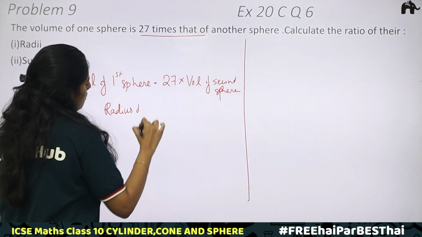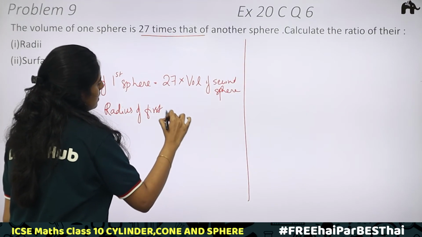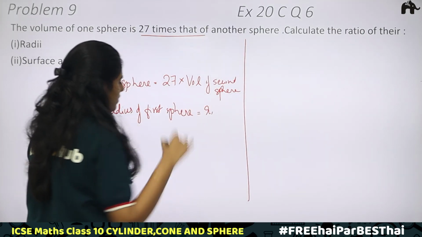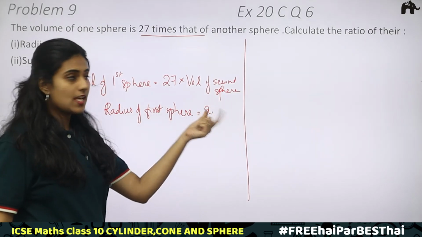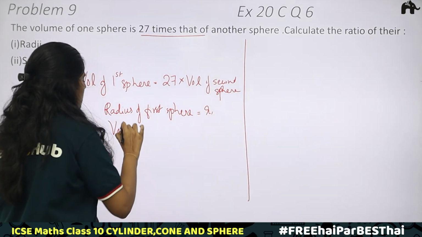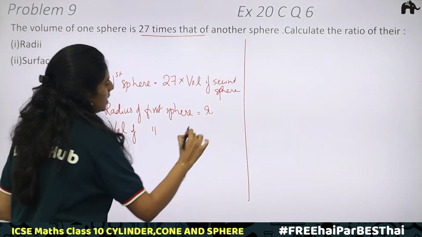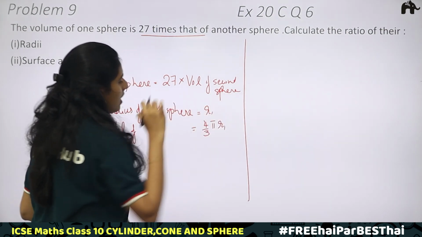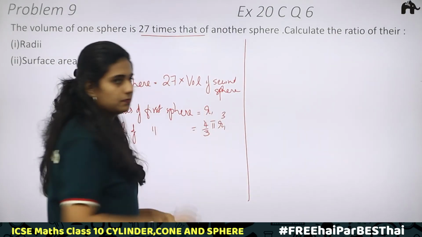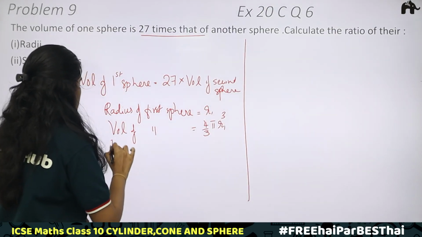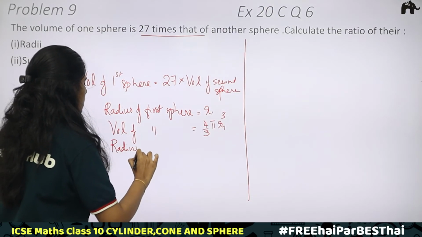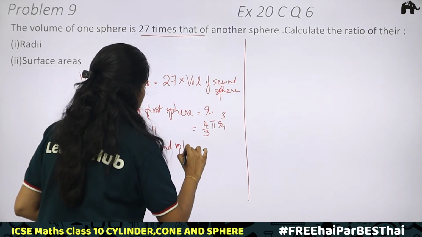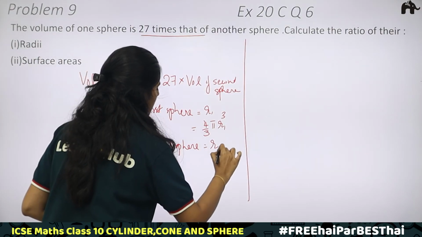The radius of first sphere equal to some r1. If the radius of first sphere is r1, then the volume of first sphere will be equal to 4 by 3 pi r1 cube. Okay. Next, radius of second sphere, we'll take it as r2.